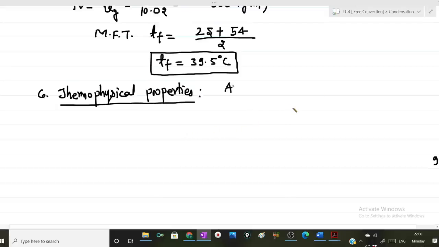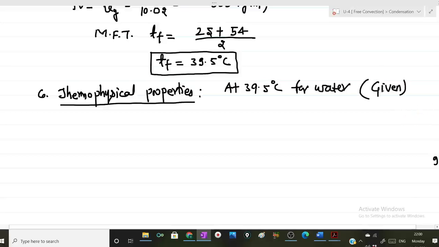So at mean film temperature of 39 degrees Celsius for water, these thermophysical properties are given.